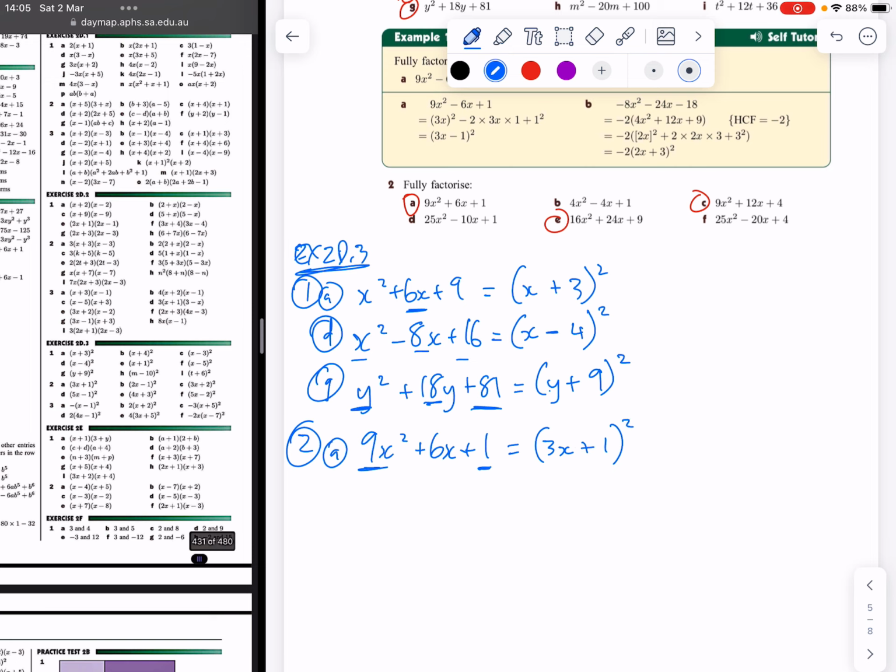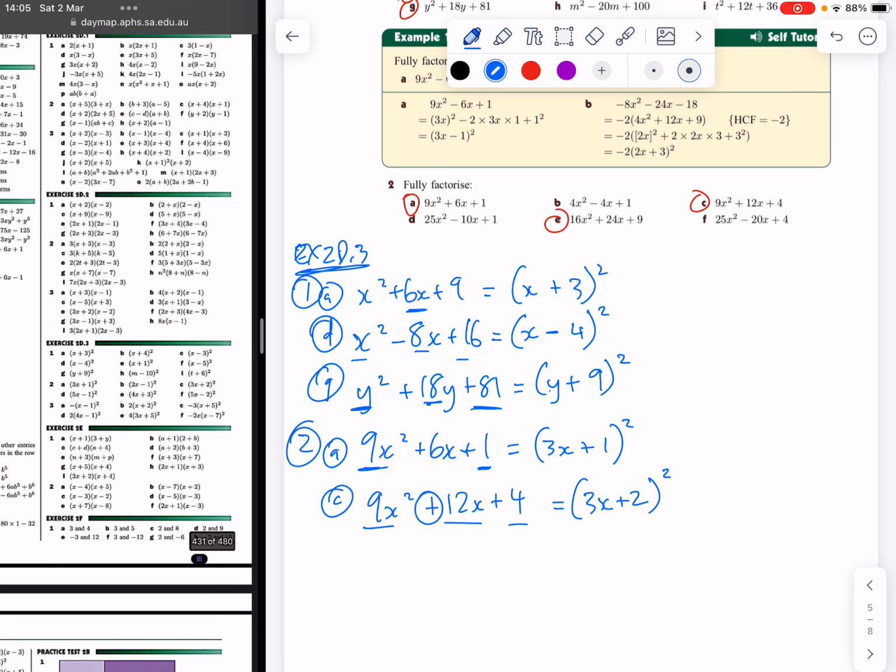In that way, AC: 9x squared plus 12x plus 4. Square number, square number. What do I square to get 9x squared? 3x. What do I square to get 4? 2. 3x times by 2 is 6x, times by 2 is 12x, so that confirms your perfect square situation. This is a plus, so it's a plus squared.